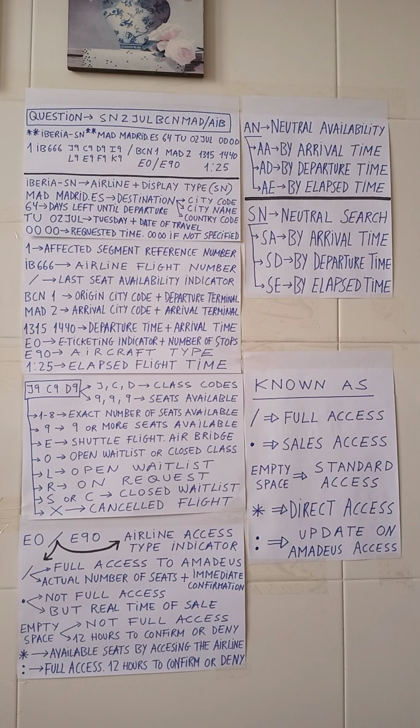If we see a number between 1 and 8 on the SN, SA, ST, and SE screens, it means that before officially opening the sale, the airline has limited the maximum number of seats in a given class to a number less than 9.